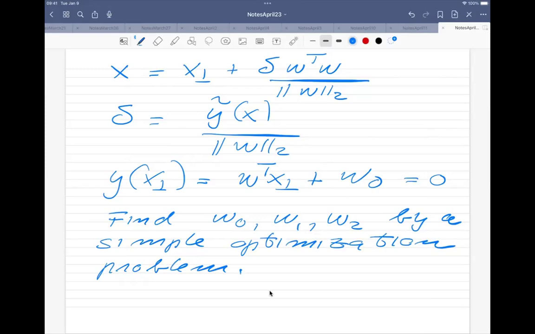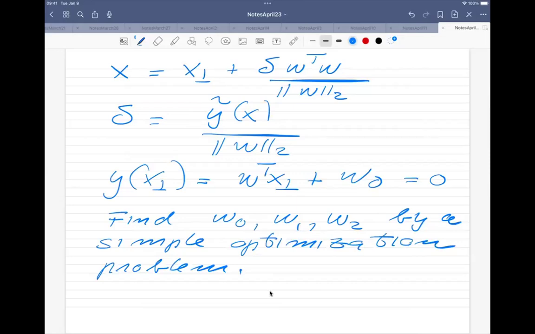We could now set up an optimization problem which contains a cost function, which now includes all misclassification points. And then we want to minimize all the misclassifications.